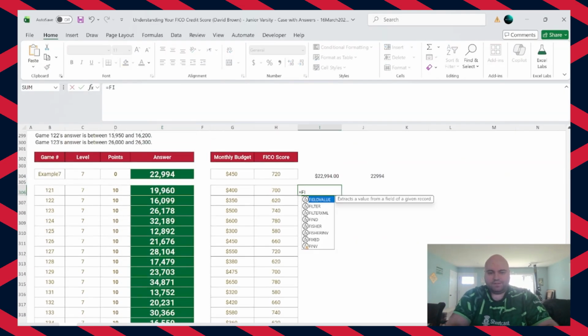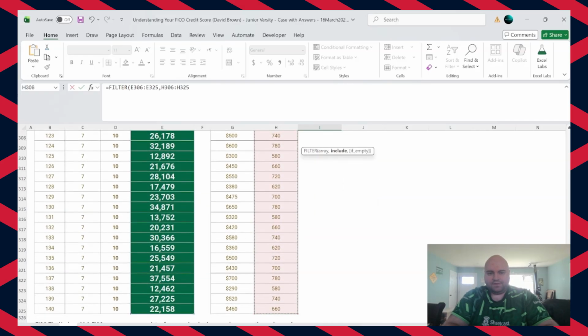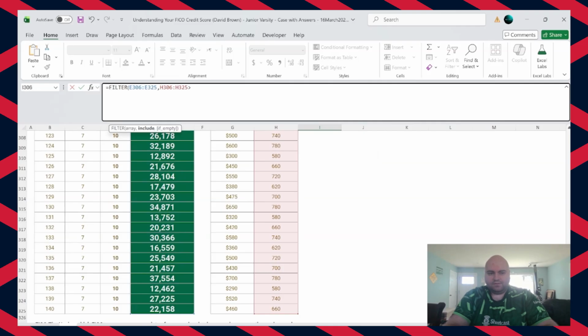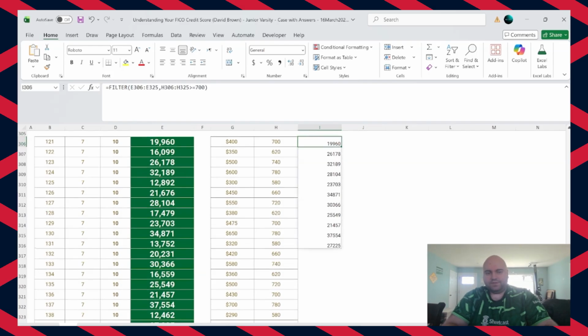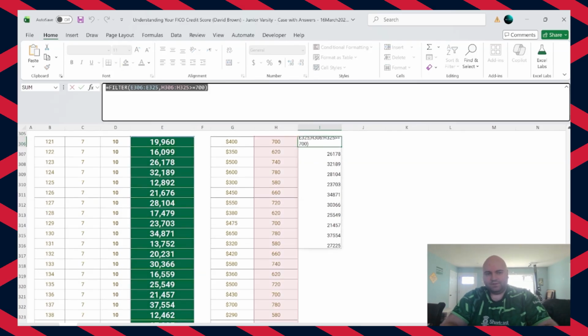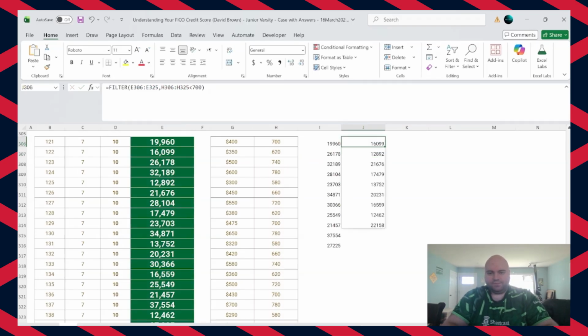What we can do is filter our answers, and we want to include values that are greater than or equal to 700. Those are our high scores. We can take the same process and do less than 700. And it gave us the direct instructions.